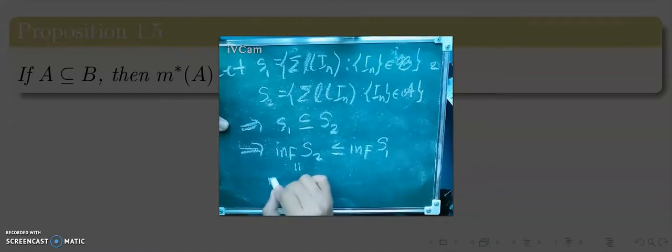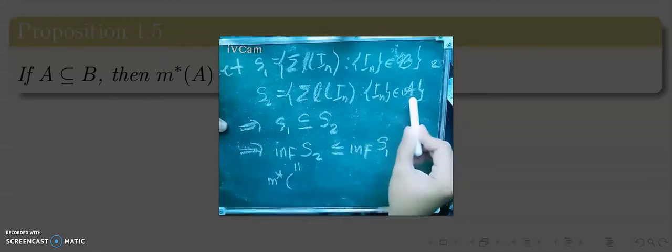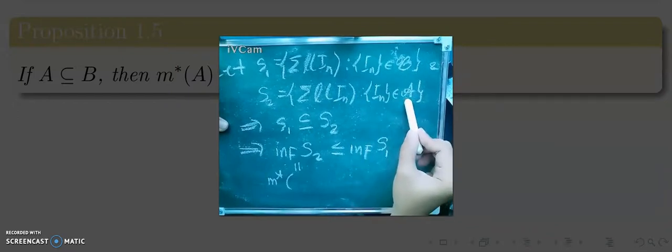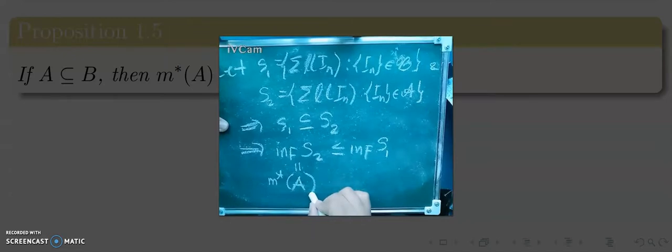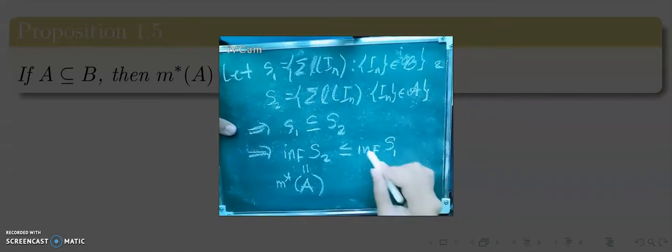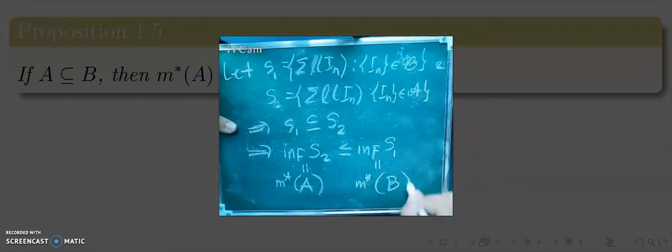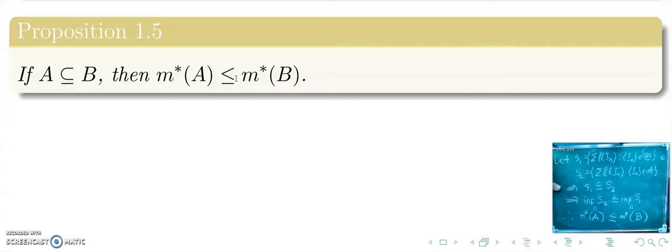Hence, this is equal to the outer measure of A. See, S2 is here, the collection of open covers is in the family of open covers of A. So this is the Lebesgue outer measure of A. And then this is also equal to the Lebesgue outer measure of B, since S1 is from the family of open covers of B. So we're done. We have shown that the Lebesgue outer measure of A is less than or equal to the Lebesgue outer measure of B.